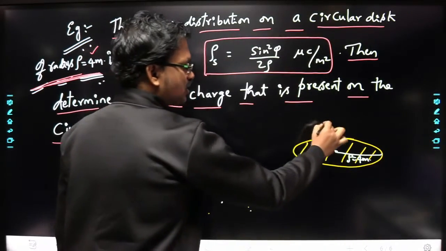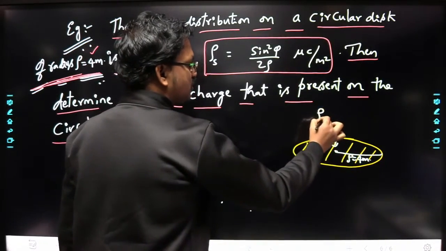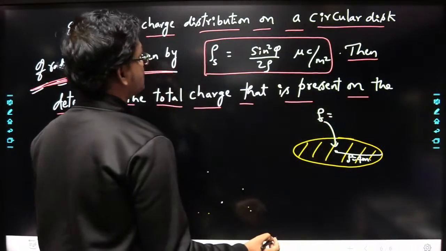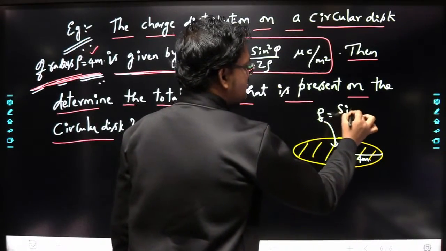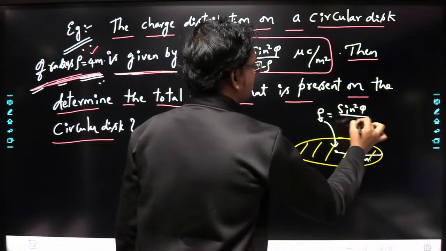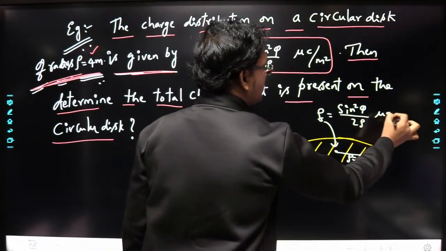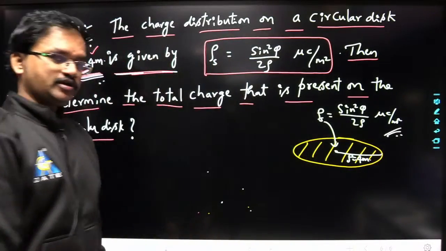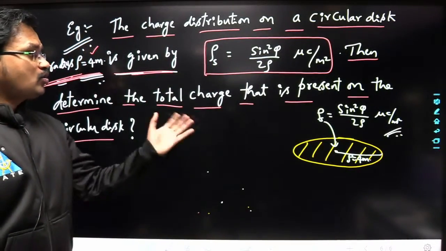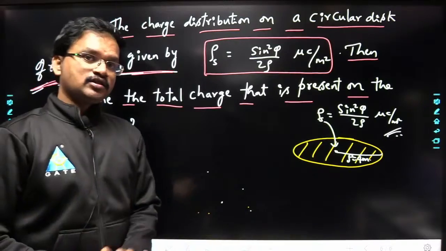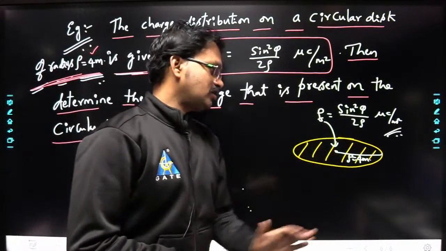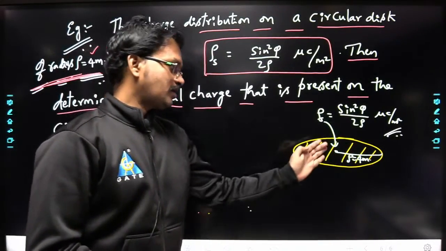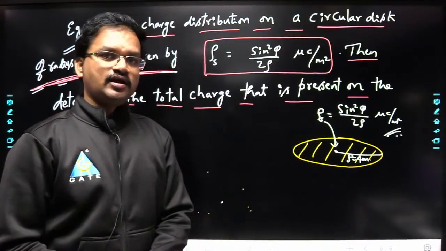So on this the charge distribution is given as sin square phi by 2 rho microcoulomb per meter square. You have to determine the total charge that is present on this circular disc.